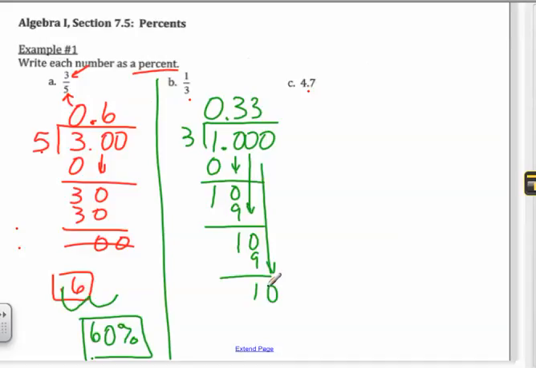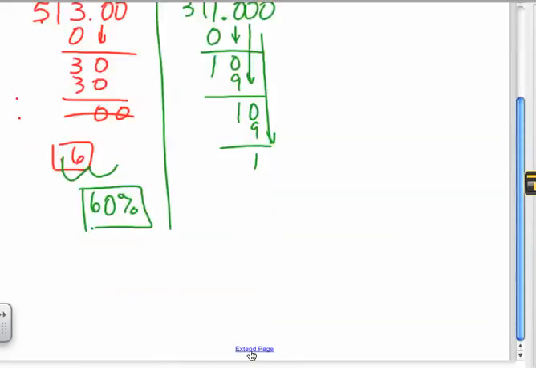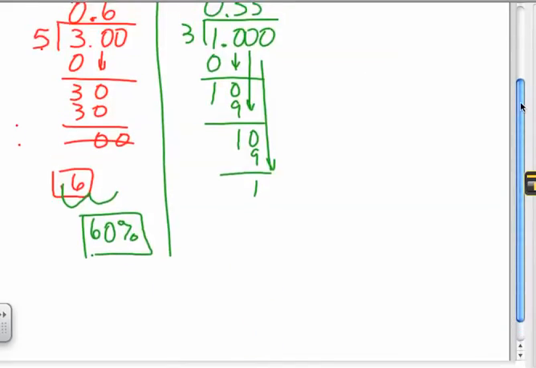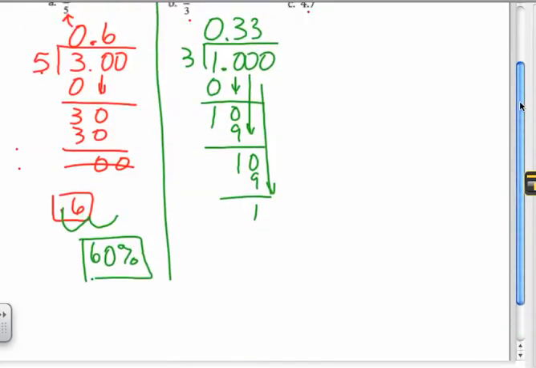When I have repeating digits, we like to leave the last bit as a fraction. So I'm going to move the decimal point 2 places, and I'm going to get 33 1/3%. We like to leave that bit.